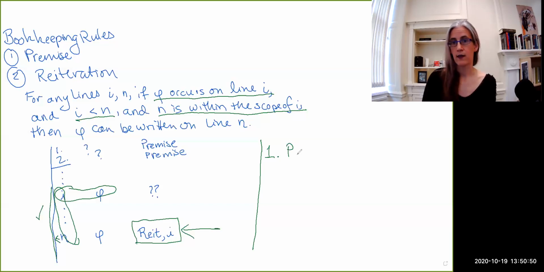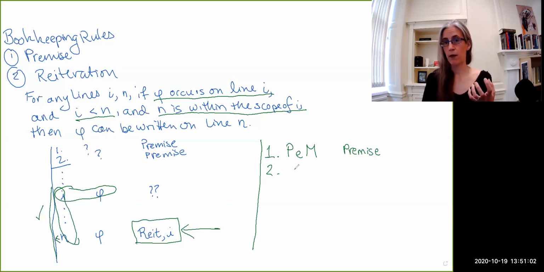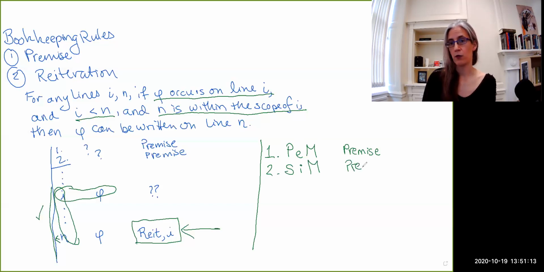Let's say PEM, and annotation premise, and then a second categorical proposition, which can serve as a minor premise to the first proposition's major premise. So let's say SIM. There we have another premise. We've got our scope line already. We draw the little line underneath in order to set our premises off.